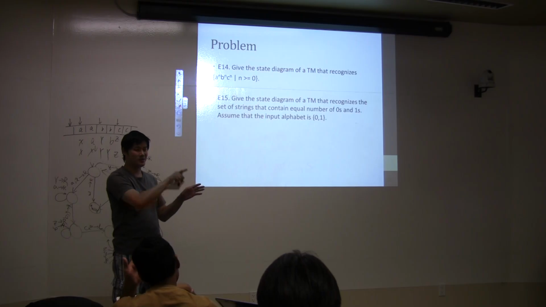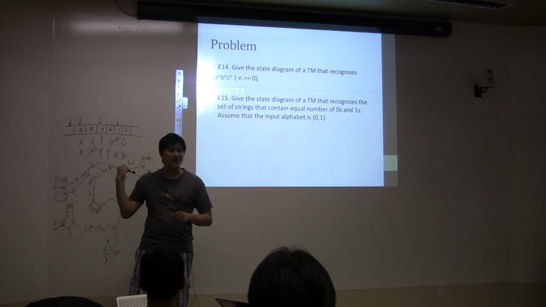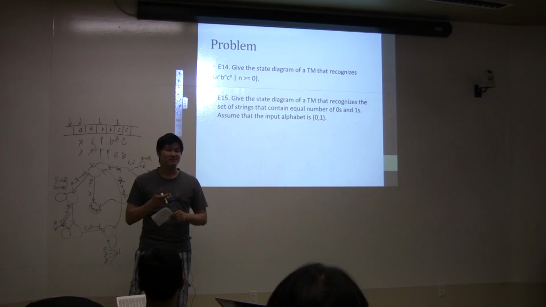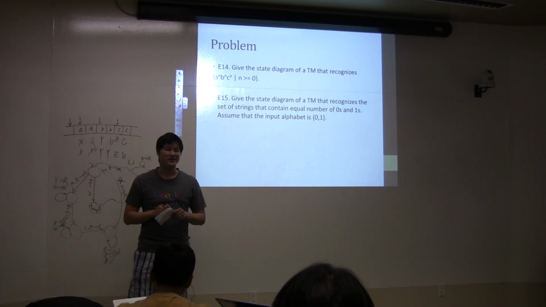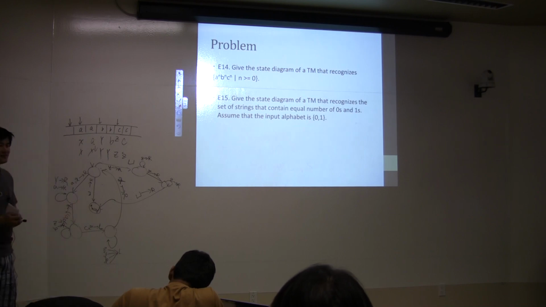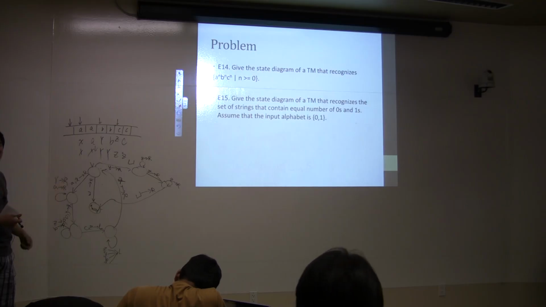If you see a 1, then you find a 0 and go back. It's similar, right? Now I'll ask you to do it. Once you understand the algorithm, writing this down is not difficult.